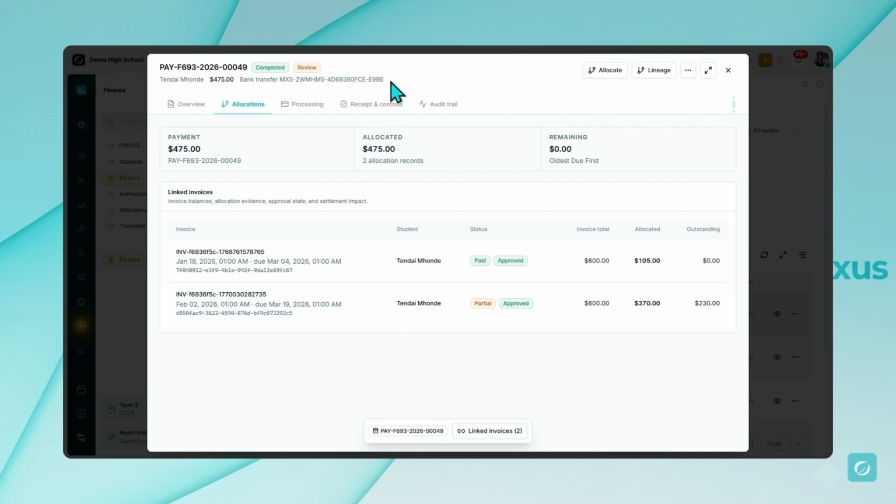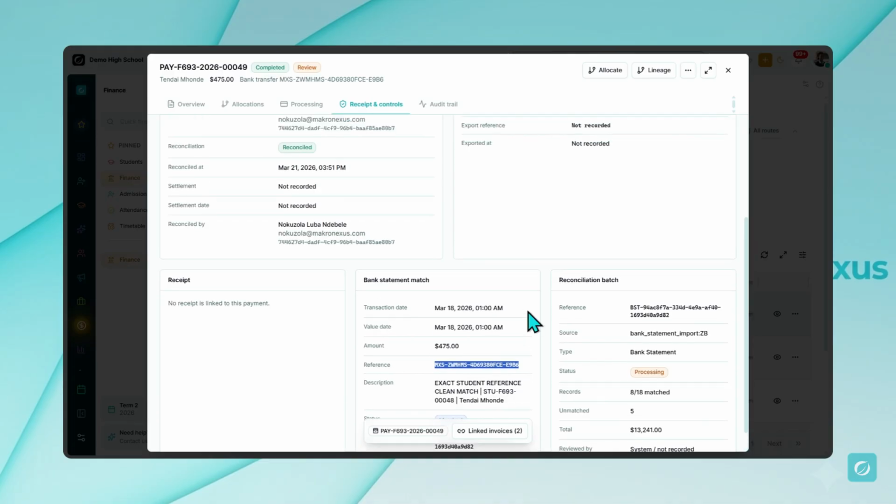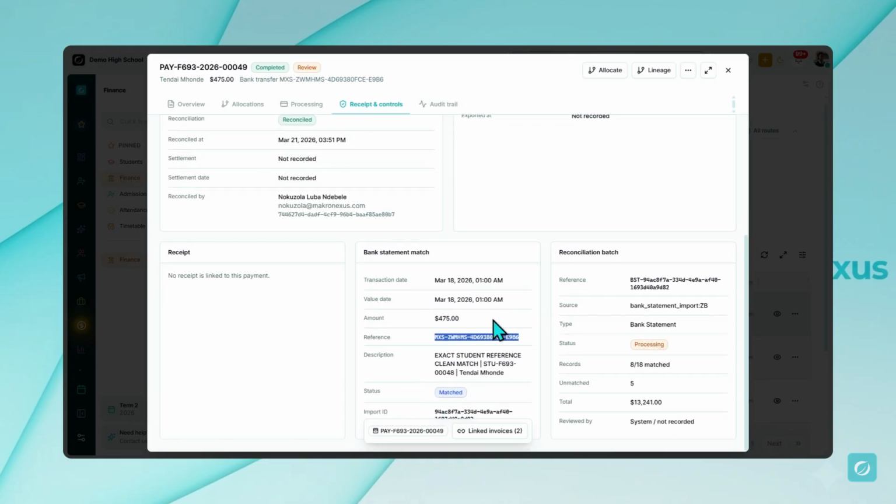The payment was matched using Tendai's stable student reference. It was then verified using the bank statement source and reconciled to a specific statement line and reconciliation batch. The matched bank transaction is also $475, carries the same reference ending in E9B6, identifies Tendai, and is marked as matched.